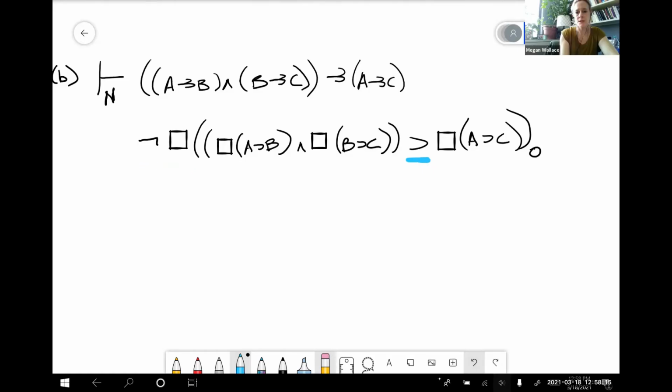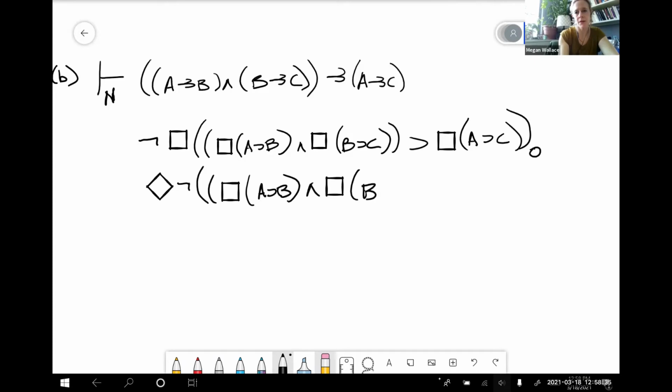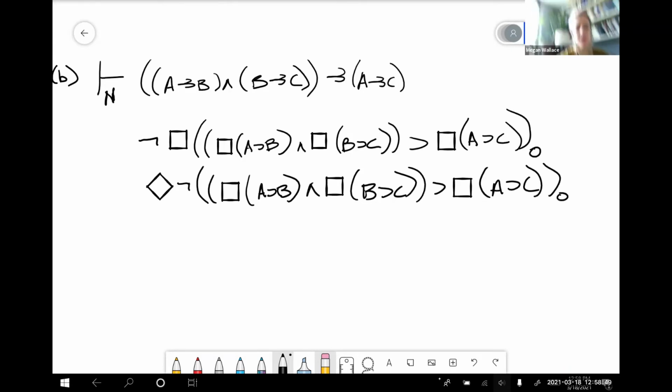So let's take that negated box claim and use the negated box rule to get diamond, not box A, then B, and box B, then C, and all of that, if all of that, then you get box C. Box A, then C. I'm going to put you down for just a second.